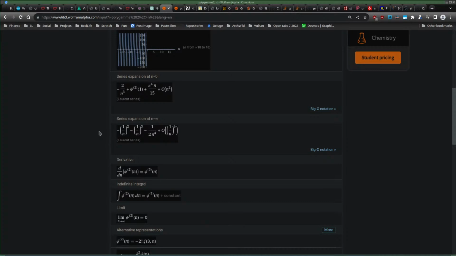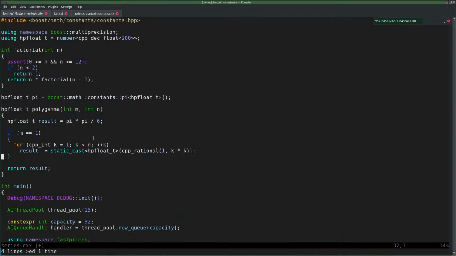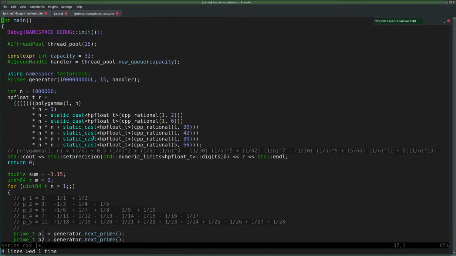I think this is just a derivative of polygamma 1. So this is n to the power minus 1. Maybe we should write it like that. Anyway, the derivative of that is minus 1 divided by n squared.